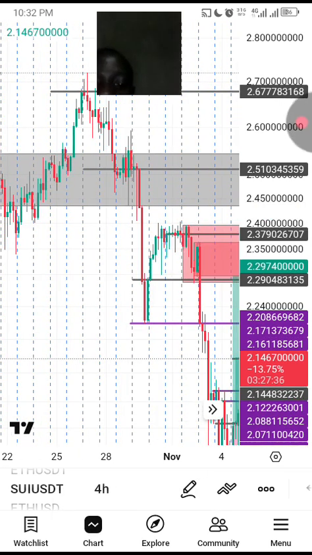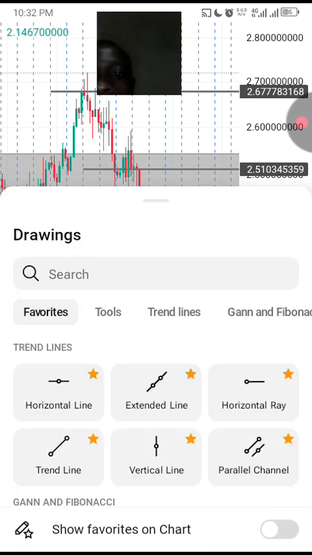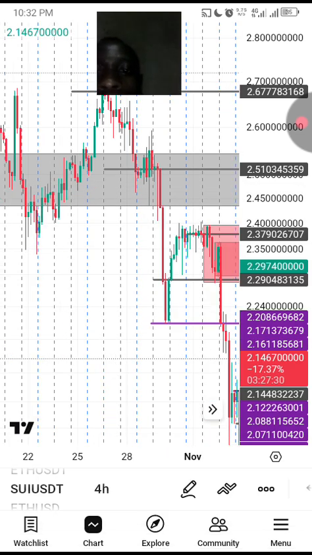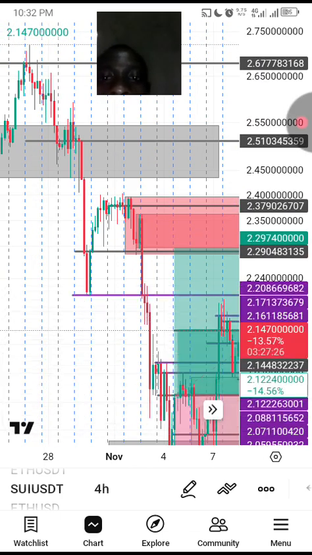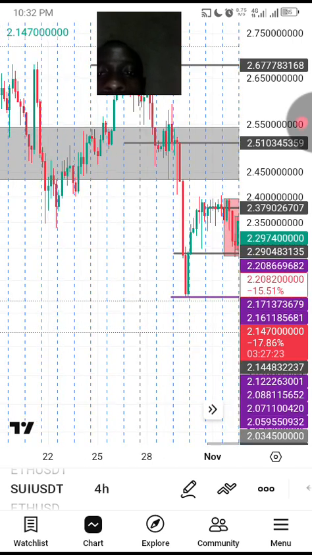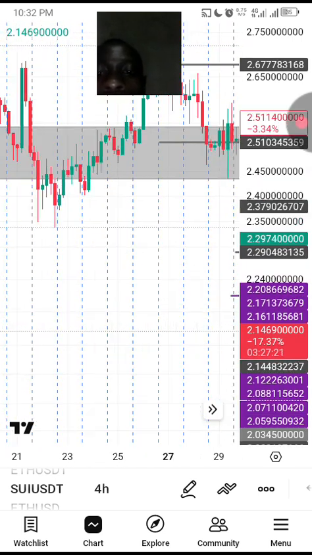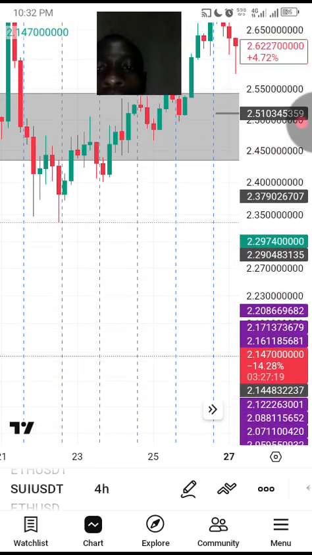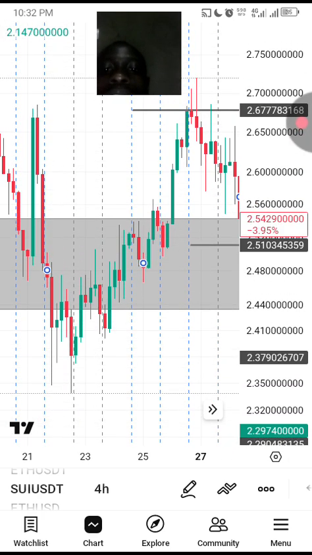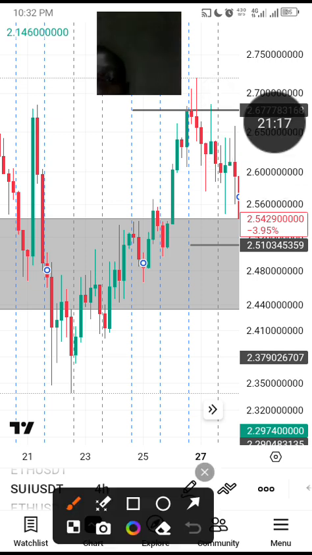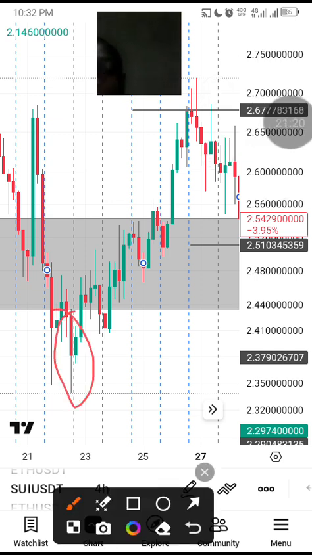Let's draw it. But at first here, remember we have got this candle, this one, that has given us an entry to go up.